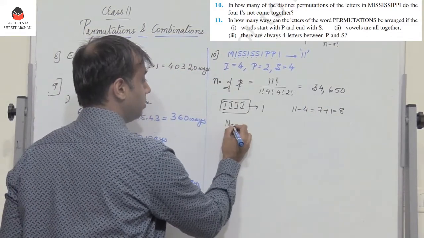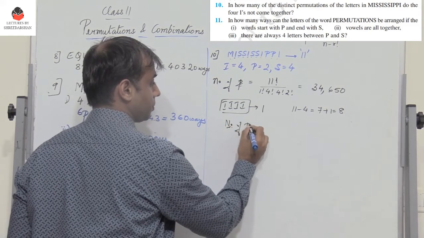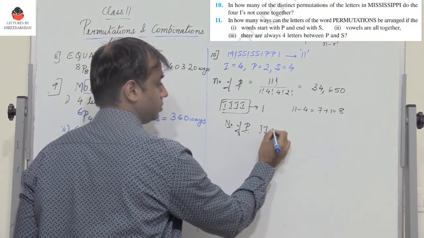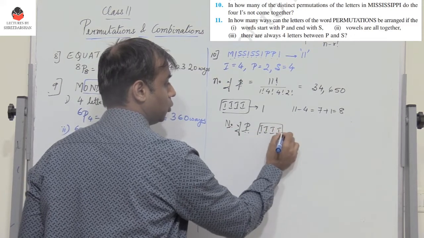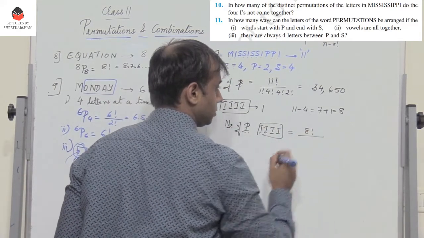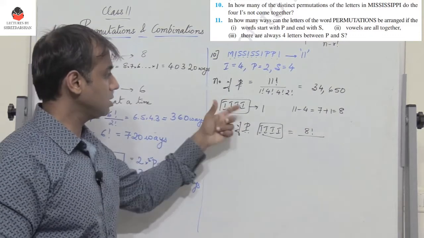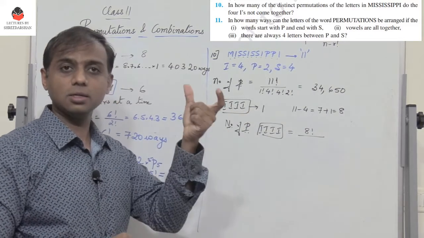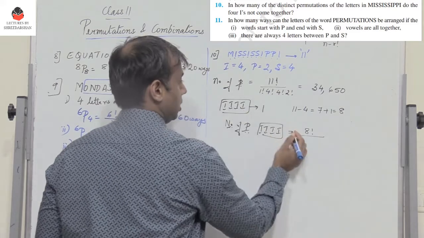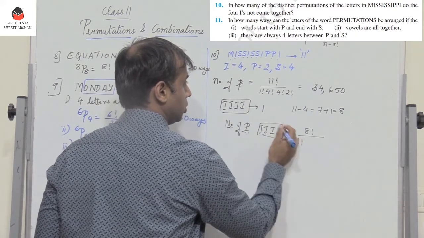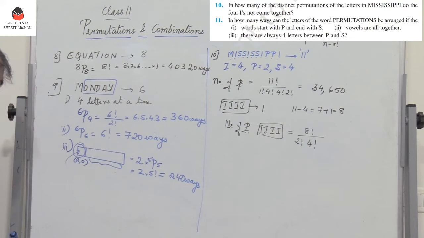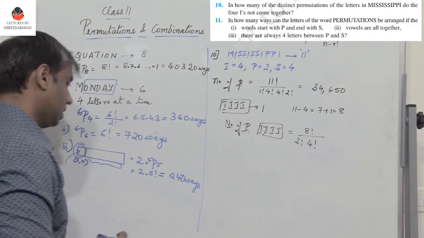So here the number of permutations with all 4 I's together equals 8 factorial, right? Because 7 plus these 4 I's are considered as one unit, 8 factorial divided by, now P occurs twice, so 2 factorial, S is also occurring 4 times, so divided by 4 factorial. So you get this as 840.